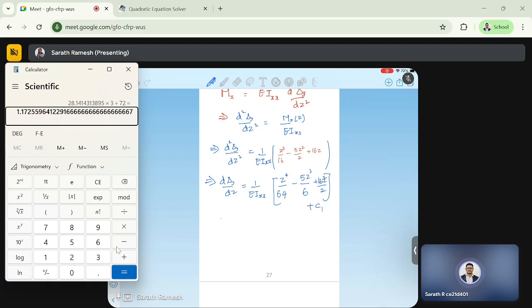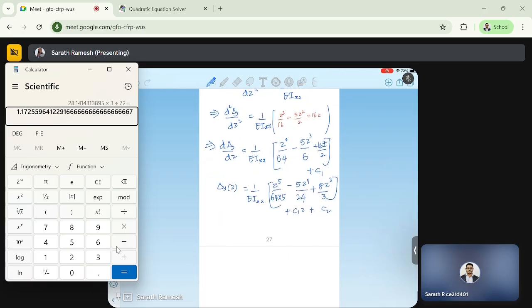Now again integrating, the deflection delta y will be 1 by EI xx times z power 5 by 64 times 5 minus 5 z power 4 by 6 4s are 24 plus 8 z power 3 by 3 plus C1 z plus C2. Now, what is the boundary condition for a simply supported beam?